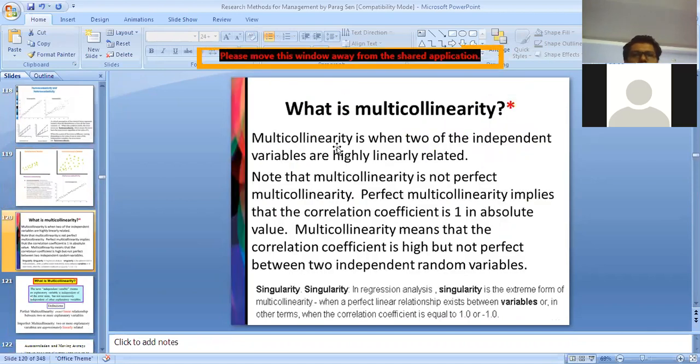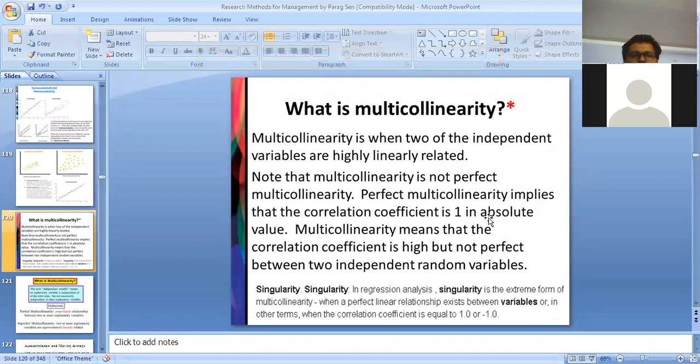Then what is multicollinearity? Multicollinearity is when two of the independent variables are highly linearly related. Note that multicollinearity is not perfect multicollinearity. Perfect multicollinearity implies that the correlation coefficient is 1 in absolute value.